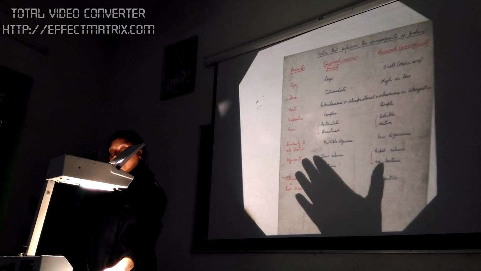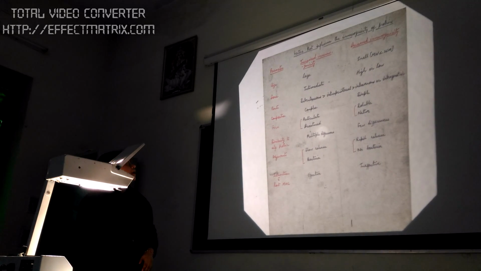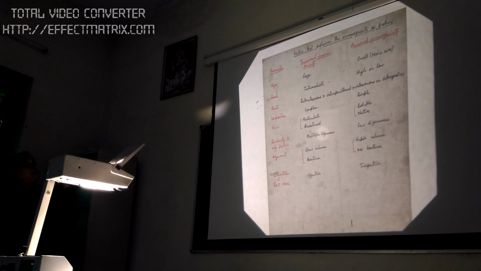that is factors that influence the immunogenicity of proteins. These are parameters. If size is large, it increases immunogenicity.